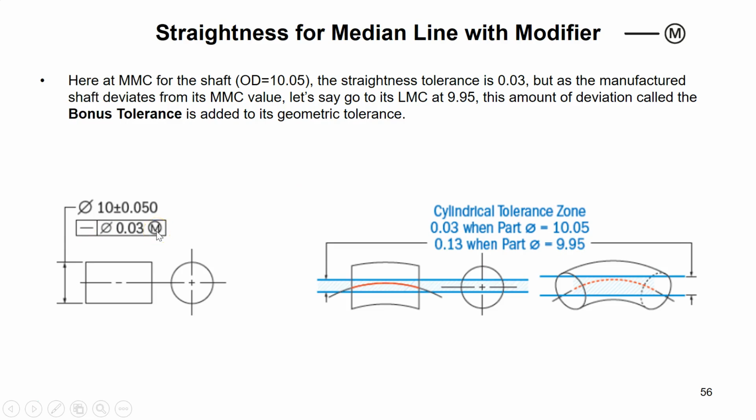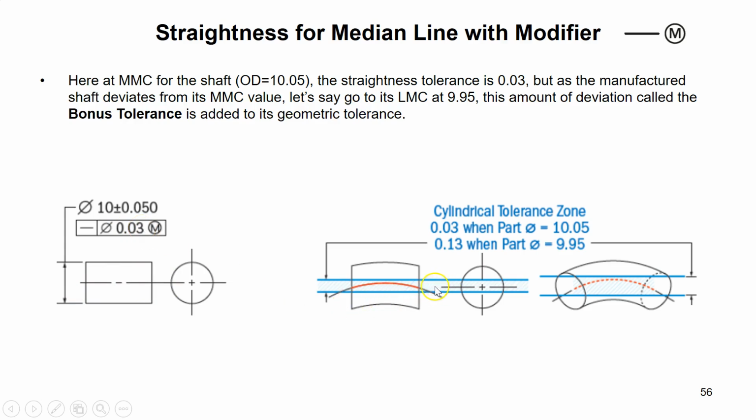It means that when the shaft is made at the maximum material condition, which is when it's the largest diameter, 10.05, the tolerance zone for the median line for not being straight is only 0.03. What does that mean?